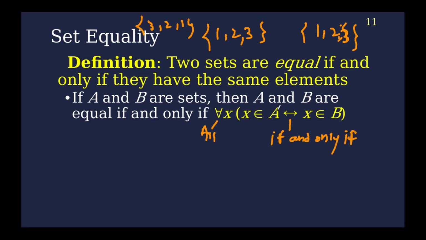So element x will belong to A if and only if x belongs to B. One is present here, one is present here. So this is the formal definition in terms of quantifiers.